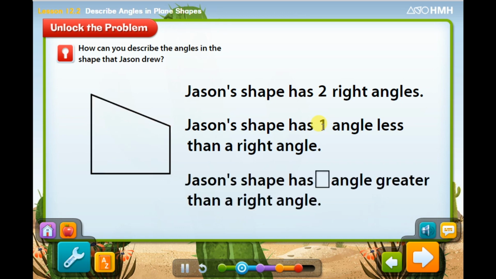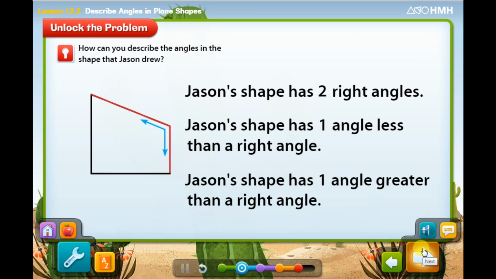How many angles in Jason's shape are greater than a right angle? This one, which is the open-mouthed one. So, it is 1. There is 1 angle greater than a right angle in Jason's shape. Now you know what angles are? And you know what right angles are? And what the small angles and the greater angles are?